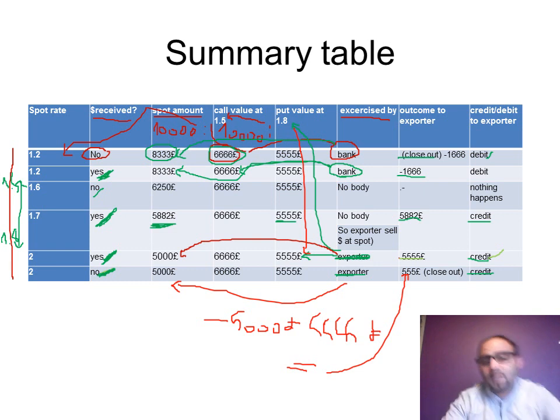Now we take the first case. Now, did we receive the money from the US company? It says here, no, we did not receive the money. Now, if we did not receive the money, will the bank still want to exercise its option?